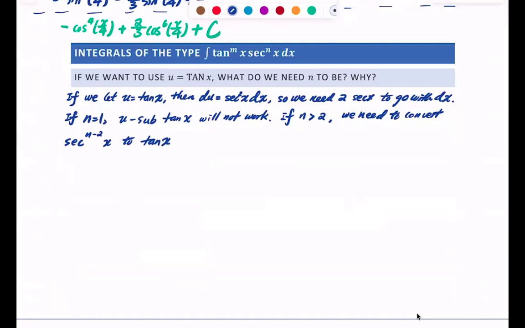Okay, so we need to convert the extra secant to tangent using which identity? 1 plus tangent squared. Yeah. So secant squared x is 1 plus tangent squared.